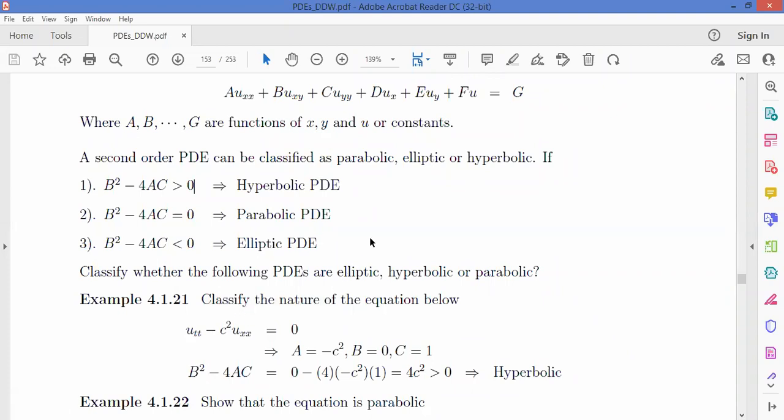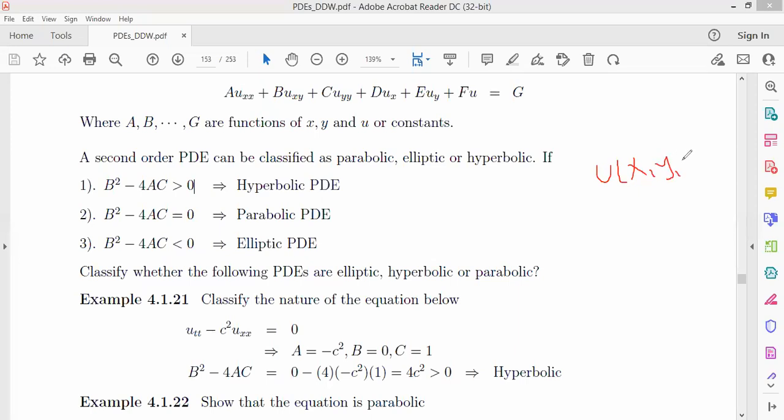I started by explaining this, that if you are looking at a PDE here, you have a U, and this is x, y, comma, t. These ones are all the x, y, t. These variables here are all independent.